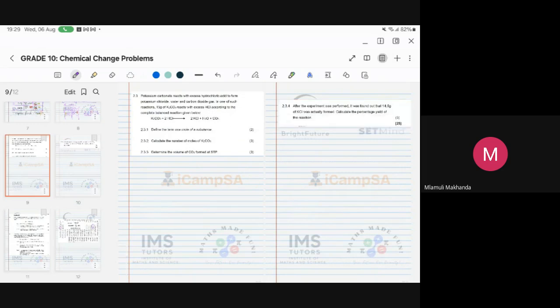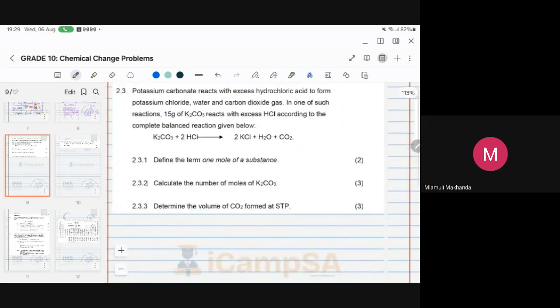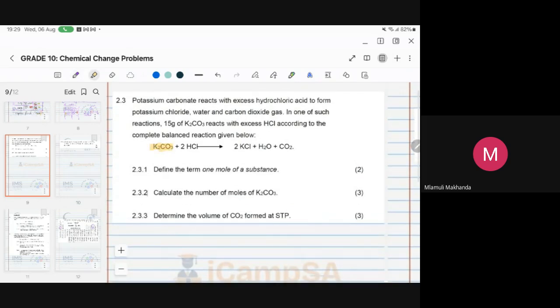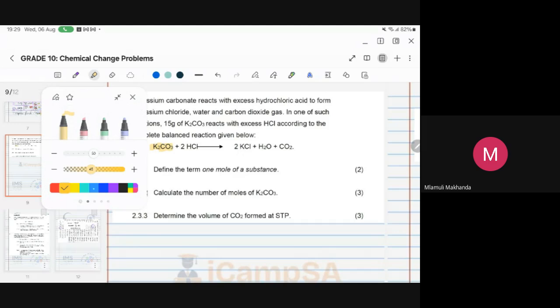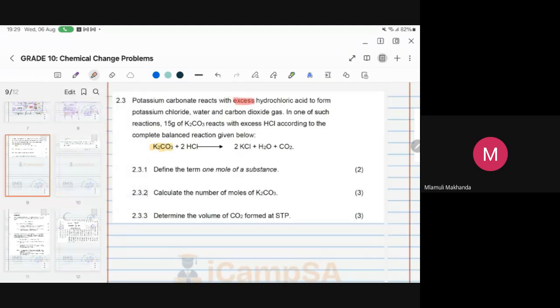Good. Now, potassium carbonate, which is this guy, reacts with excess, keyword here, excess. Remember what we said about excess and limiting reagents. So it seems like in this problem, we're already told what the excess reactant is in this reaction.